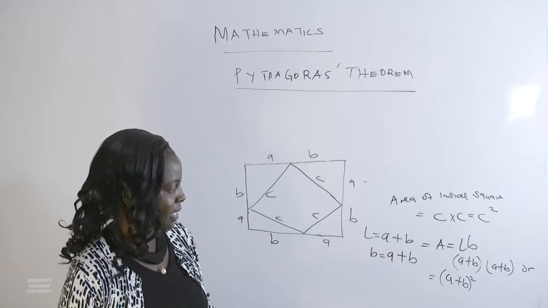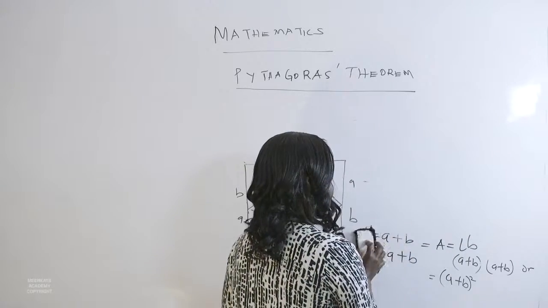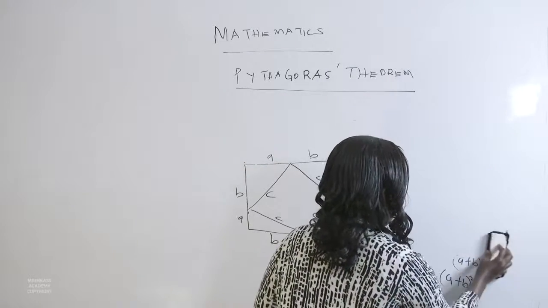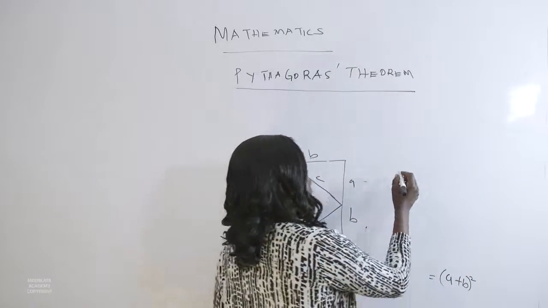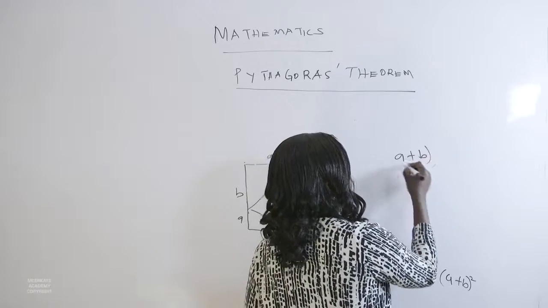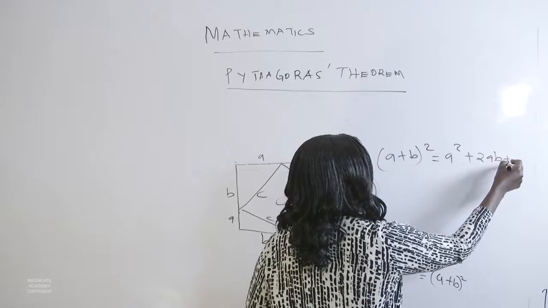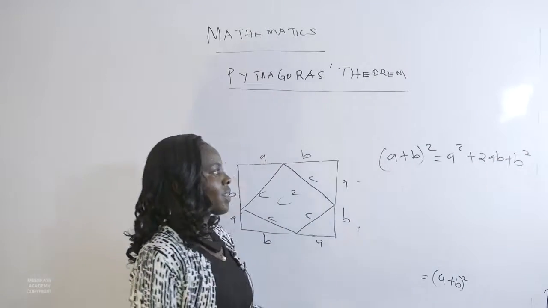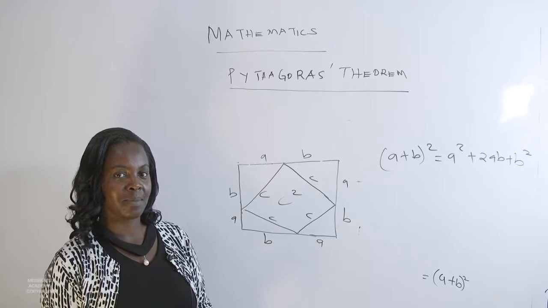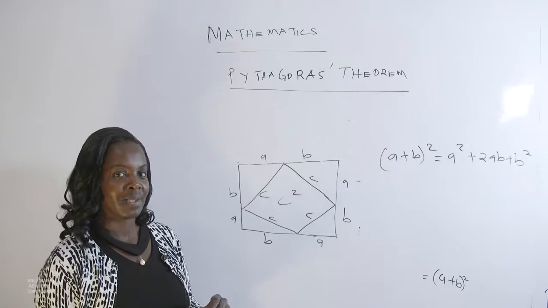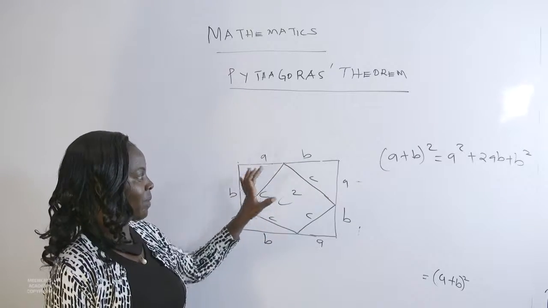If we try to open the brackets, that will give us A squared plus 2AB plus B squared. That is the area of the larger square.